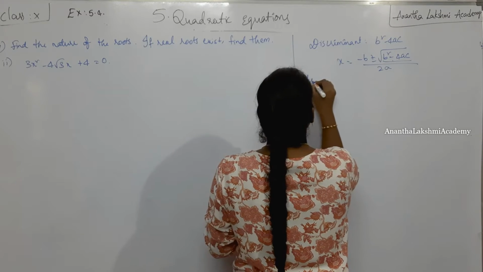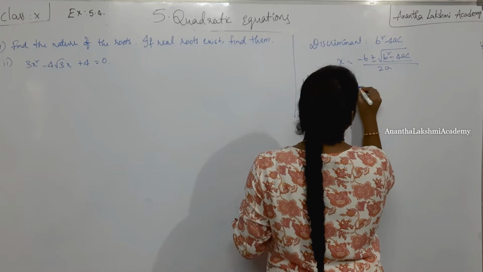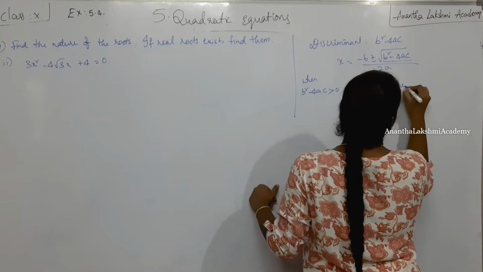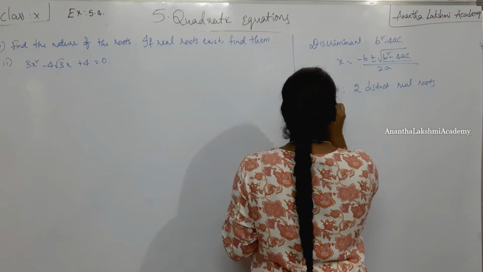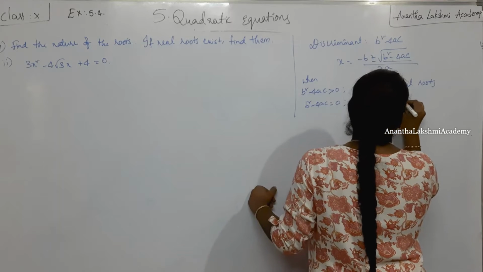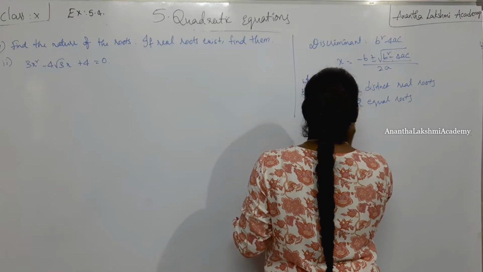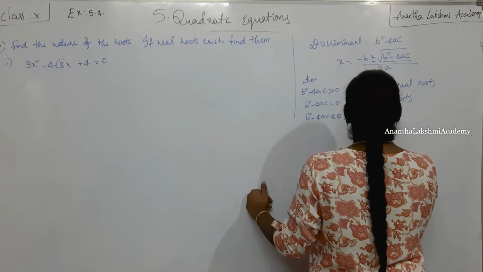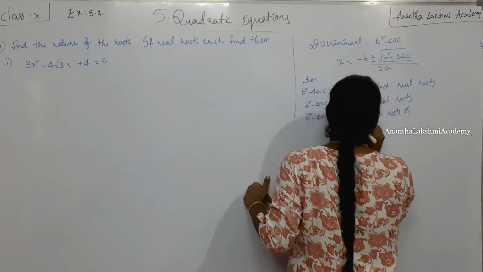How did we figure out? When b square minus 4ac is greater than 0, we will have two distinct and real roots, isn't it? And when b square minus 4ac is equal to 0, we have two equal roots. And when b square minus 4ac is less than 0, we have no real roots, or imaginary roots.